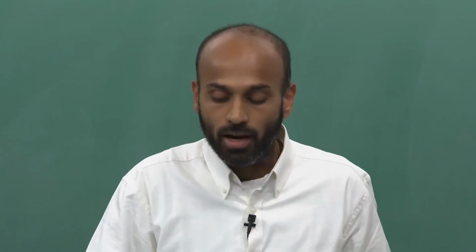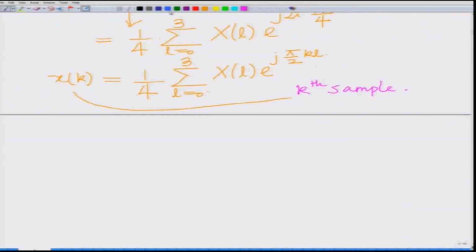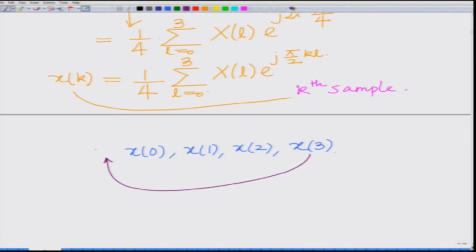Now these samples are transmitted over the channel subsequently, but before transmission over the channel there is another important operation to be performed, and that is as follows. So, we have the samples x0, x1, x2, x3, and what we are going to do now is take the last sample x3 and place it again before x0.